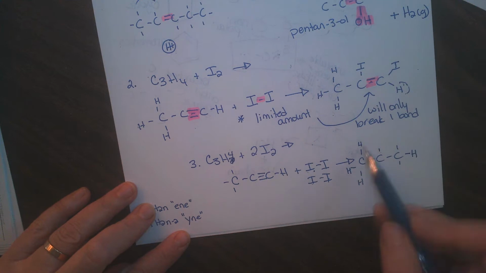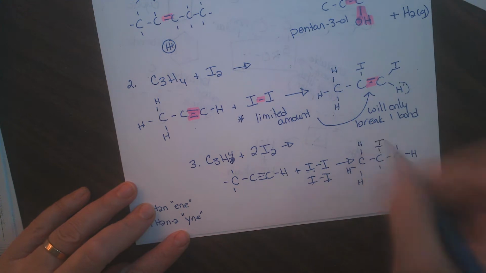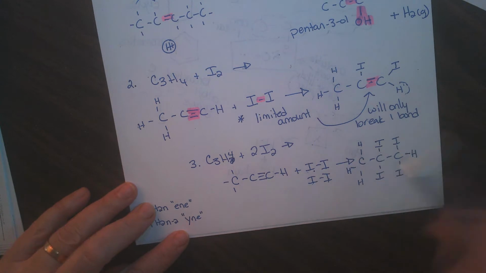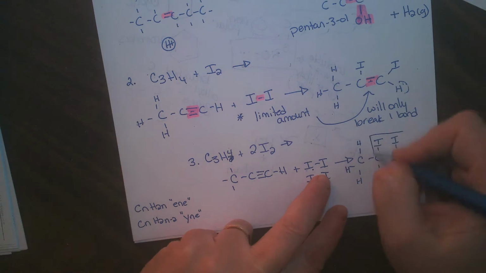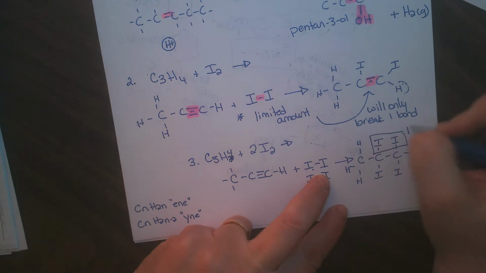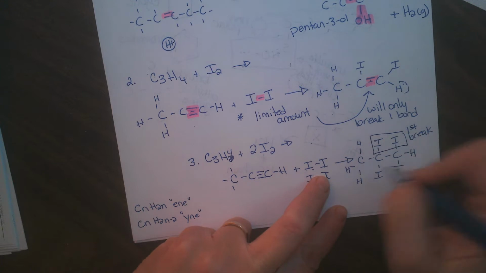Right? We still have to have 4 hydrogens. So iodine and iodine, and then iodine and iodine. So what happens is one bond gets the first break, and then the second break.